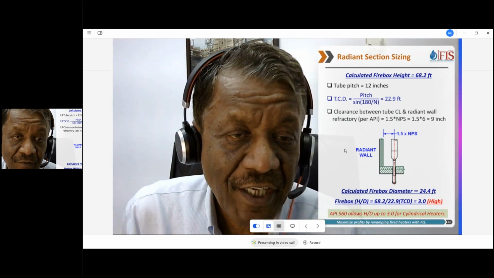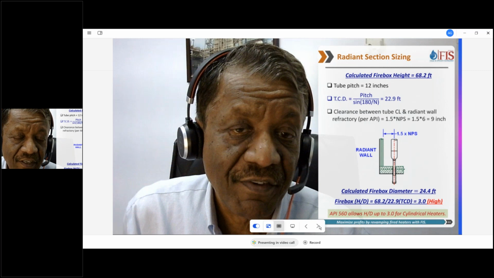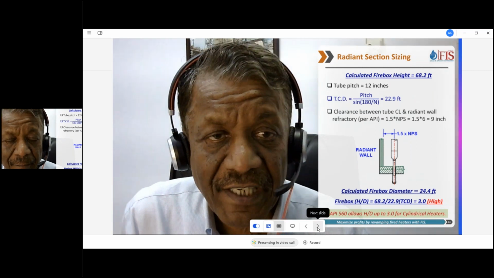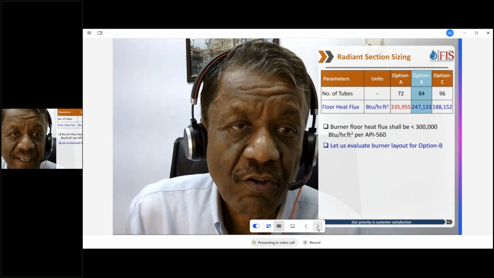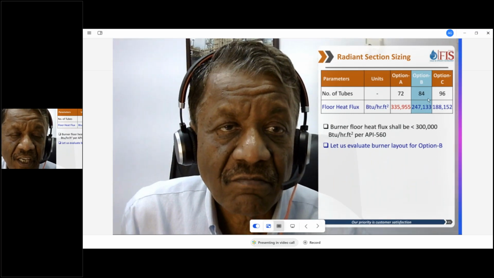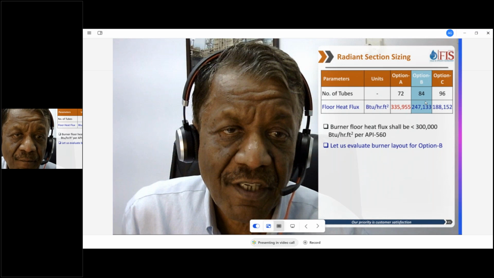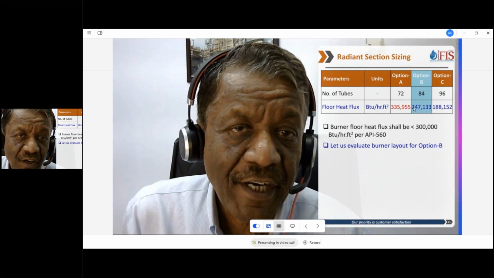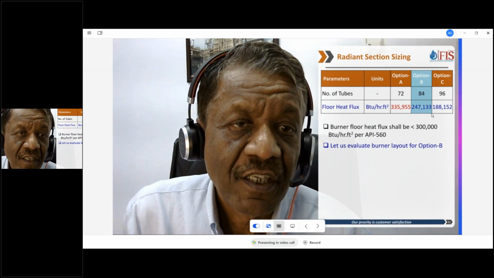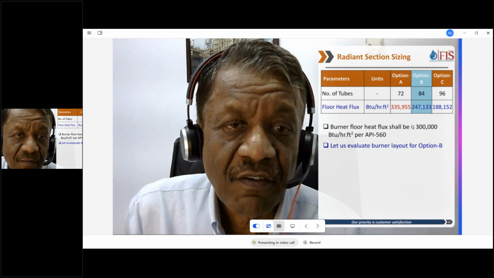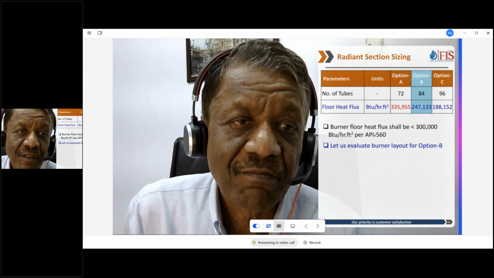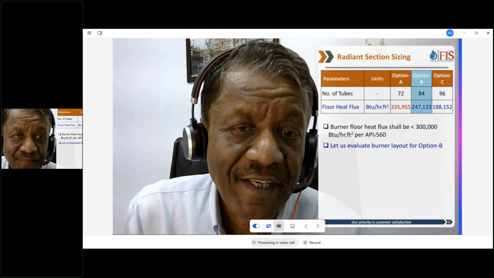We could have sold it, but we decided to give them a better design. So we selected option B, which was also giving us a good floor heat flux of 247; API says 300. So we basically went with this type of design.